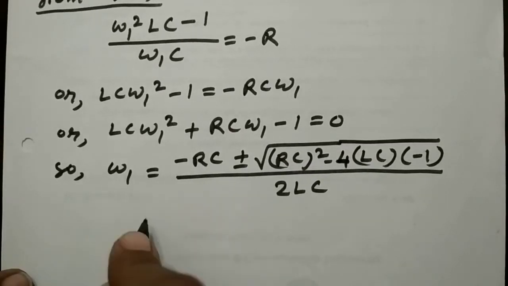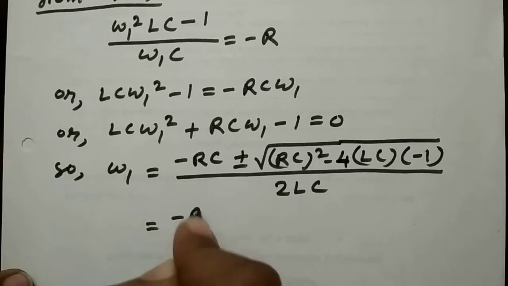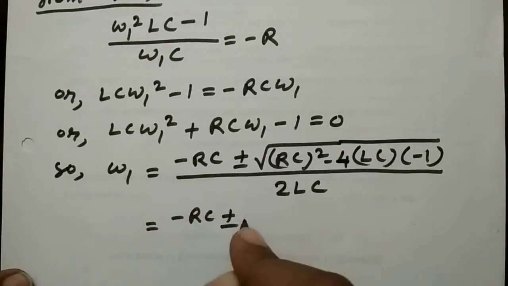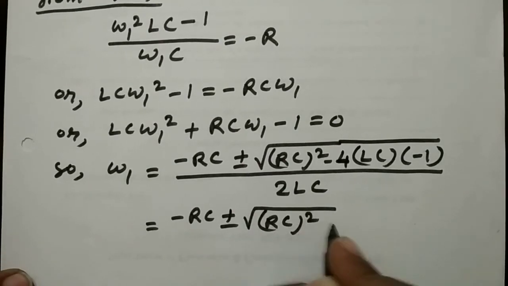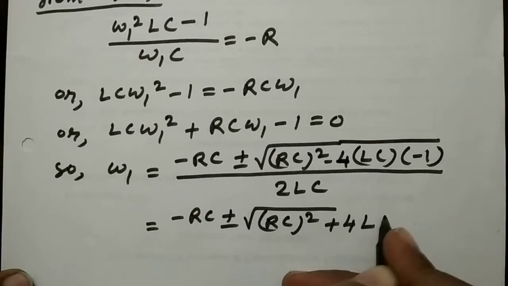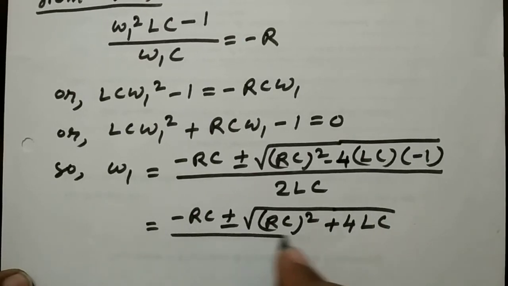So if we simplify this, it will be minus RC plus minus square root of RC square plus 4LC by 2LC.